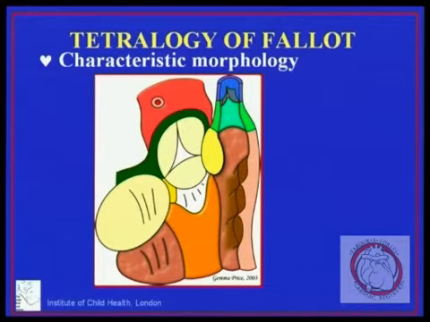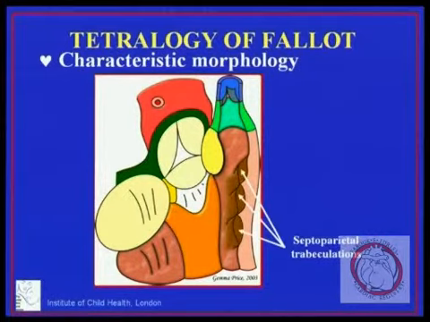But now the important additional feature of tetralogy is the presence of these septoparietal trabeculations, because it is the squeeze between the deviated outlet septum and the most superior of these septoparietal trabeculations that produces the narrowed mouth of the infundibulum that is, in most instances, one of the characteristic features of tetralogy of Fallot.